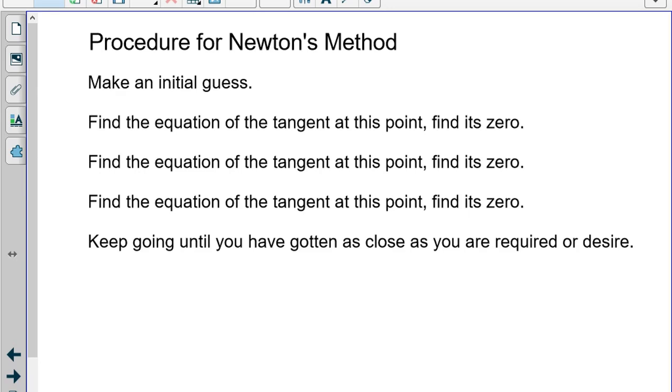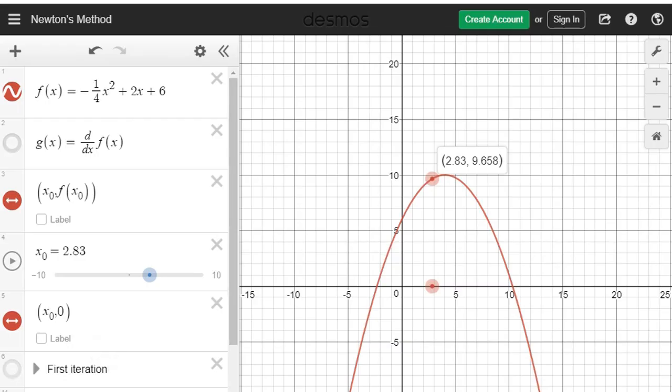One thing that we want to talk about is what's actually happening. So let's take a look at this picture. If we want to find the zero on the left side, in this problem, negative 1/4 x squared plus 2x plus 6, we just have to make sure that our guess is closer to the zero on the left side than it is on the right side.